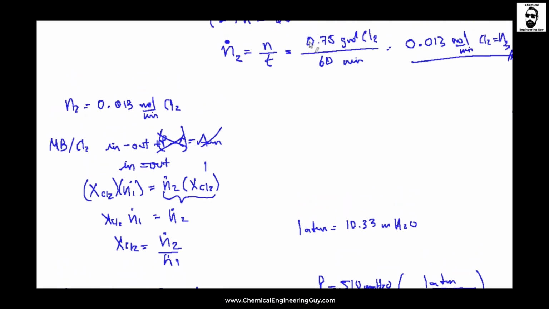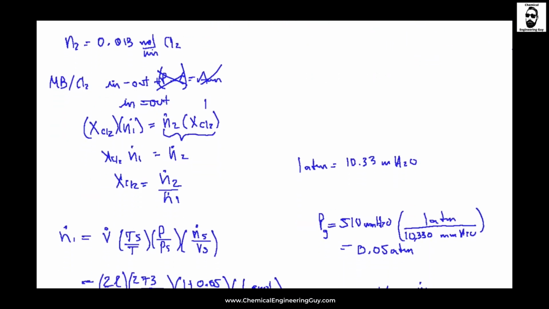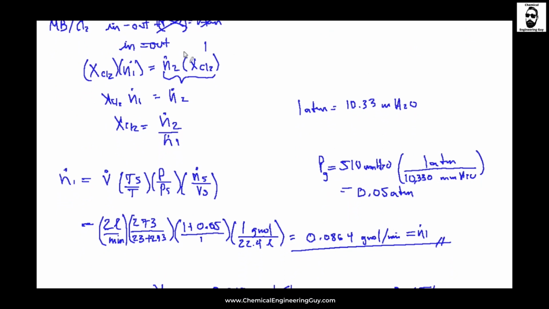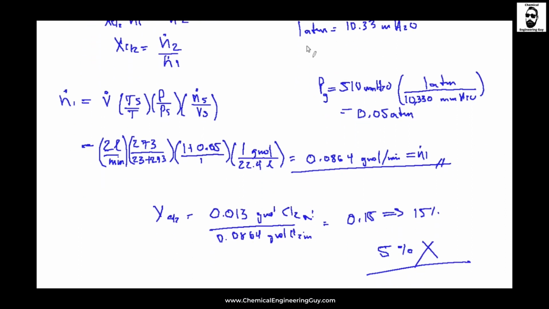We continue, we need this in time. This is kind of strange because we got the amount of moles but not in time, and we know it was in 1 hour, so we calculated. Then we just keep doing mass balance, in goes out, so this goes in and this goes out. Be aware of this conversion. I looked on the internet, you don't need to know it. It's very strange.